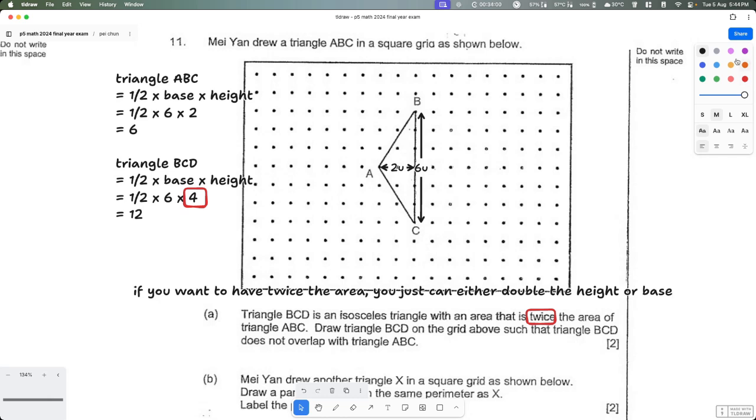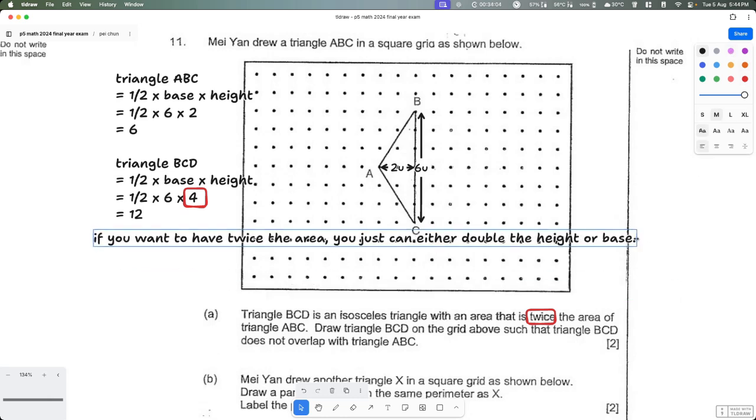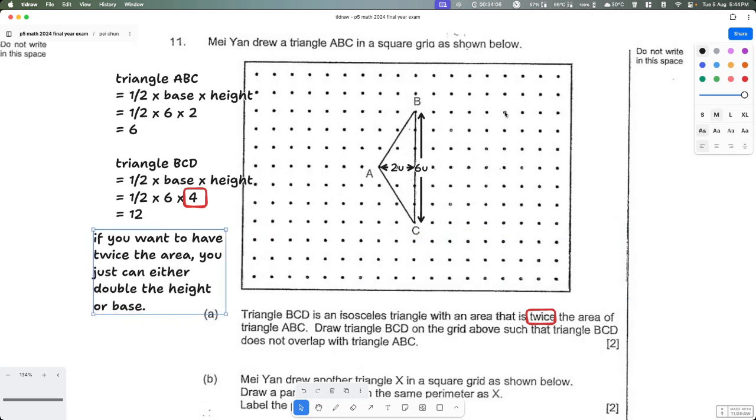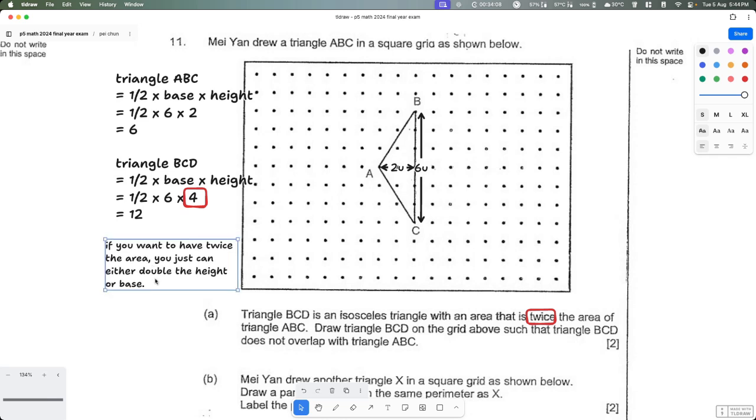So I'm going to put it like this. Since the base BC is the same, we double the height.